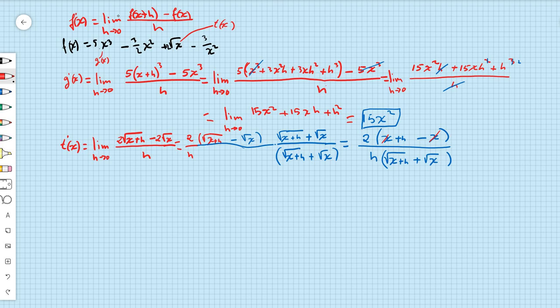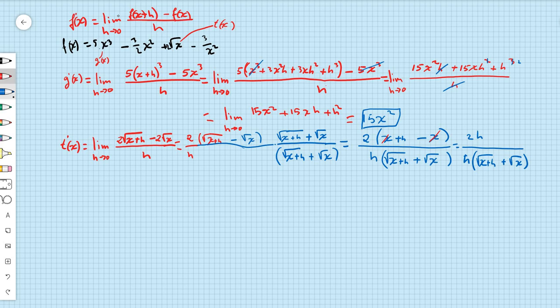X minus x is 0, and so we'll be left with 2h up here, and then here we'll have h, and the same thing, square root of x, right?